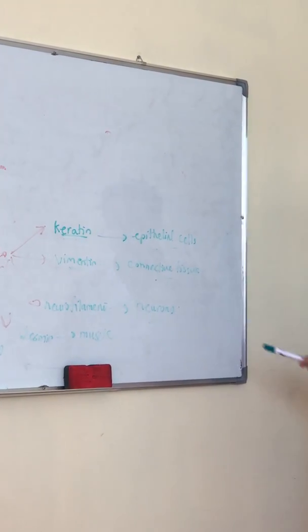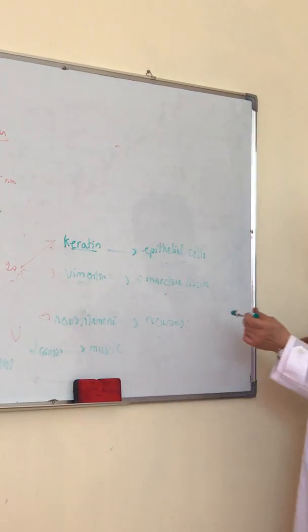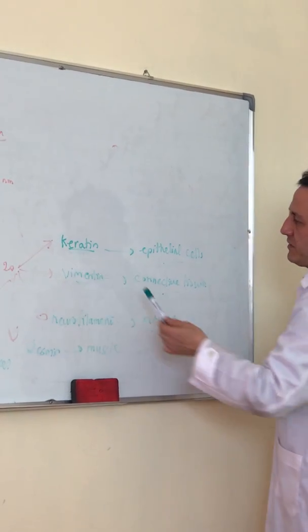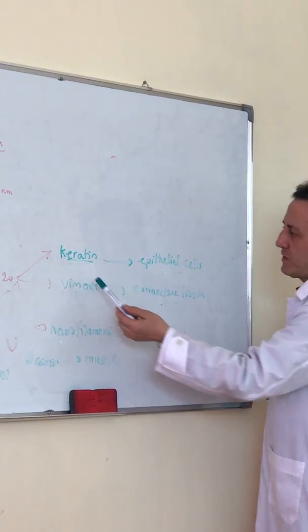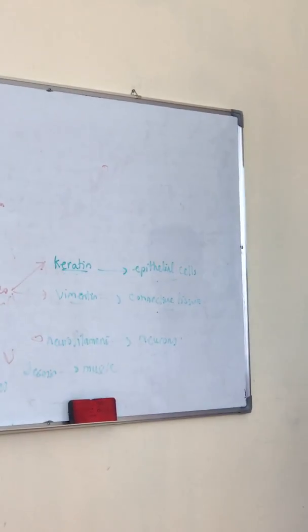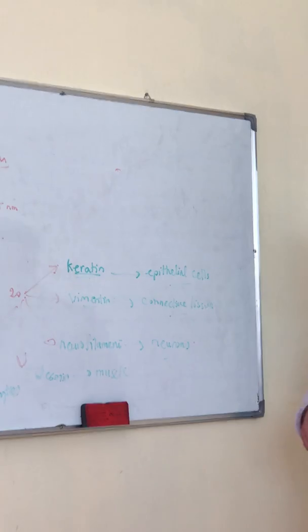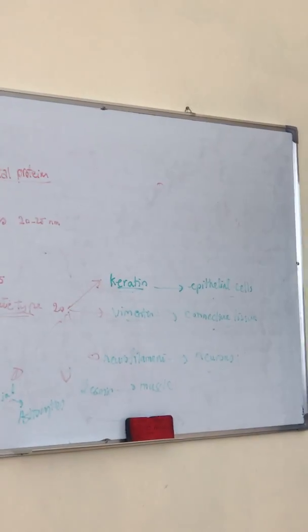So here we use special stainings. For example, if the tumor cells are stained with keratin, we will understand that this type of poorly differentiated cancer is of epithelial origin. So this will help us for definite diagnosis. These are different types of proteins according to size.